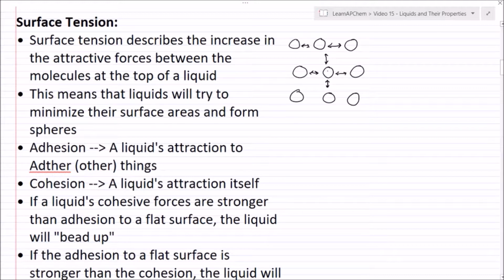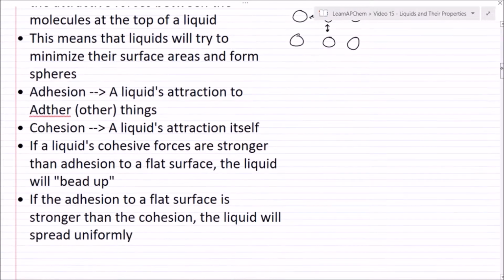Now, there's adhesion, which is a liquid's attraction to other things. I just find that's a useful mnemonic device so you don't get it confused with cohesion, which is a liquid's attraction to itself. So adhesion, others or adthers, and then cohesion to itself.